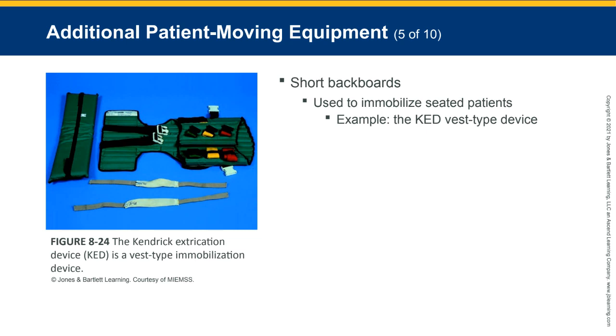That's the purpose of the KED: moving a patient from an MVA who is not unstable, but may be having issues moving on their own. But it's being phased out because in most systems now, if it is a patient in a motor vehicle, it's either self-extrication or rapid extrication. That's the direction that most services are going in.